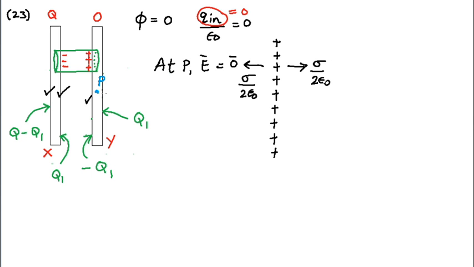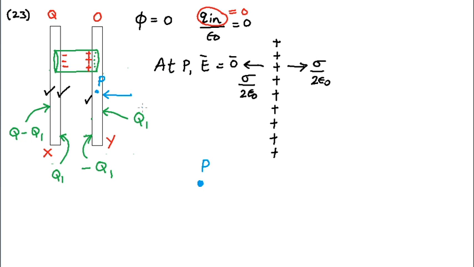Now we can return to our problem where we have to find the electric field at P and equate it to 0, because we know that P is in the inside of a metal conductor in electrostatic equilibrium, so the field must be 0. I'll draw P over here. This is point P, and I realize that there is a plane to the right of P, a plane of charge.